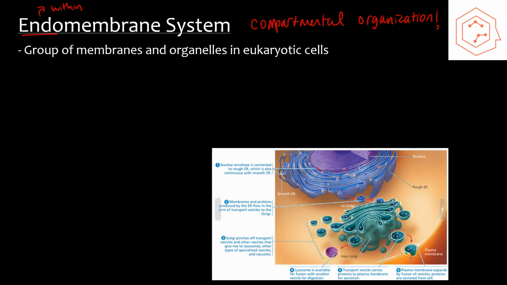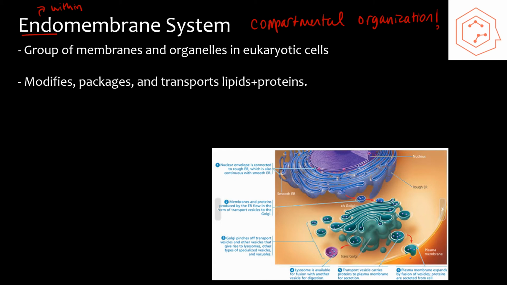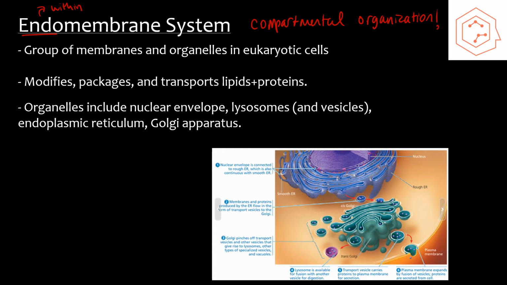It is a group of membranes and organelles in eukaryotic cells that works together to modify, package, and transport lipids and proteins. It includes a variety of organelles, such as the nuclear envelope, lysosomes, vesicles, endoplasmic reticula, and the Golgi apparatus, which we'll cover shortly in the next slides.